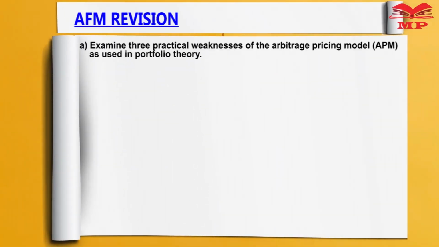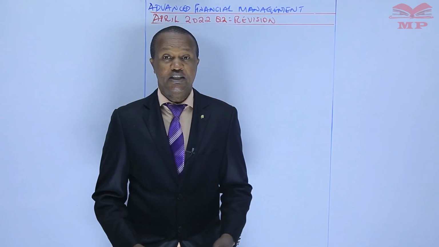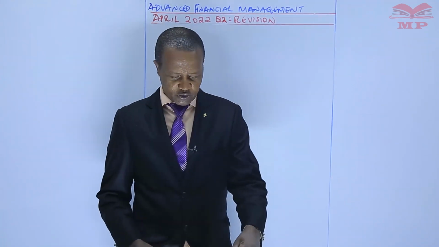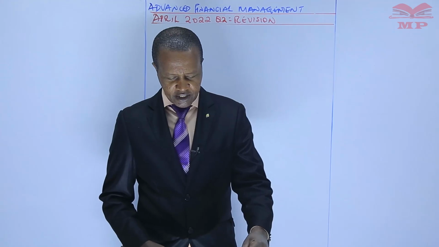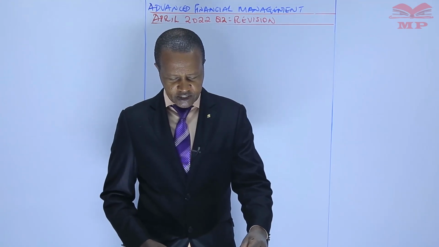Part A reads, examine 3 practical weaknesses of the arbitrage pricing model as used in portfolio theory. Weaknesses or limitations. But first of all, what is this APM theory or model?